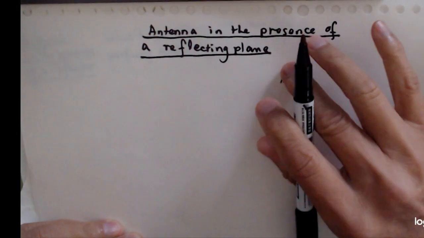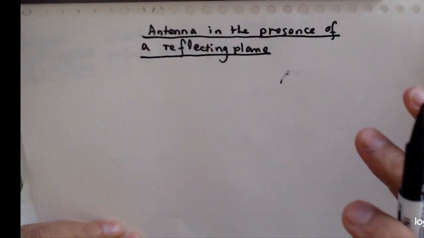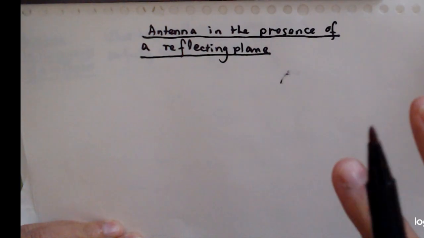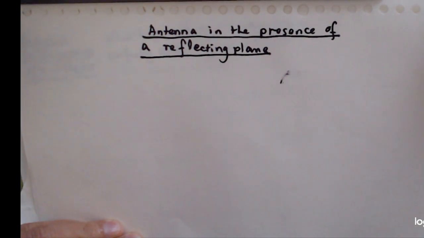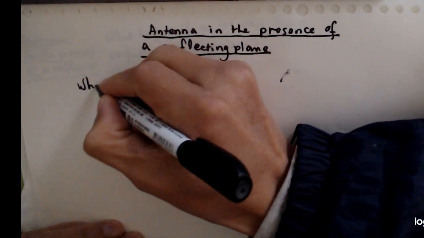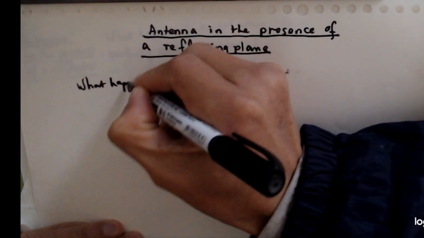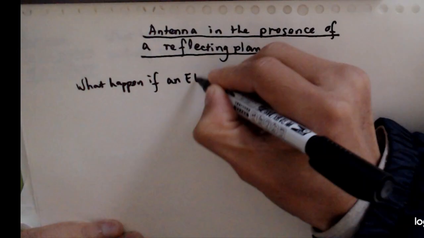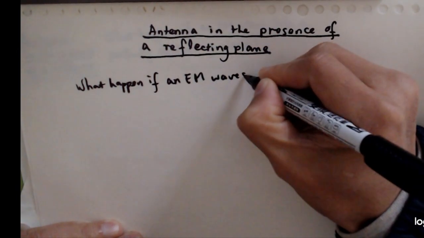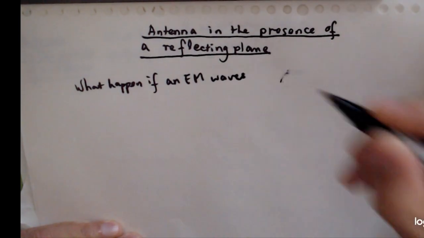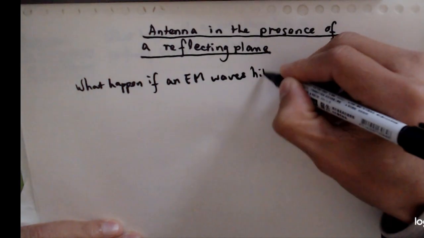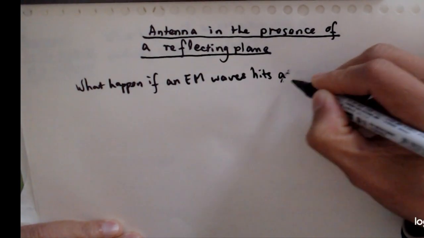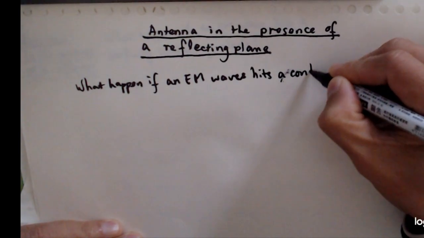So we need to ask ourselves what happens if an electromagnetic wave hits the perfectly conducting plane. So this is the question. What happens if an EM wave, actually singular, hits a conducting plane, perfectly conducting?